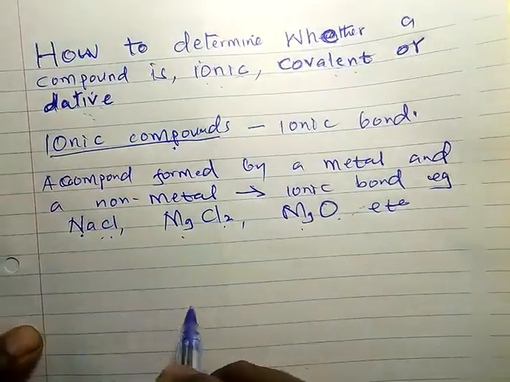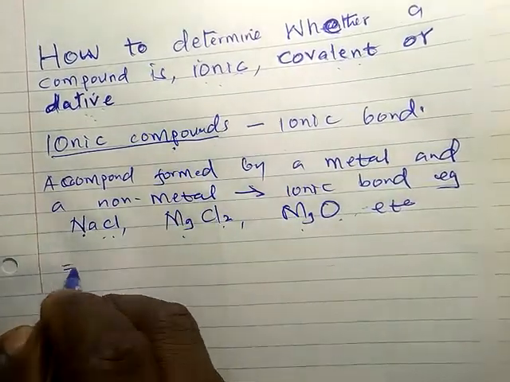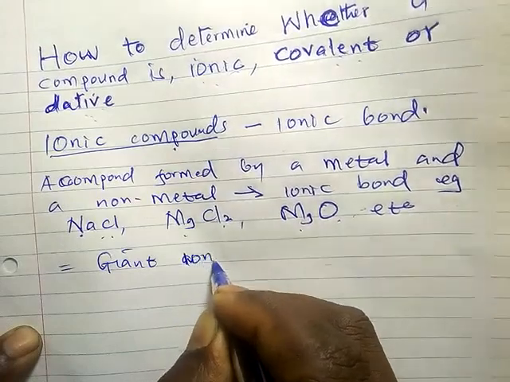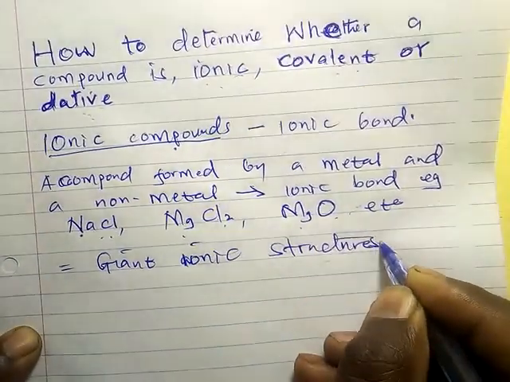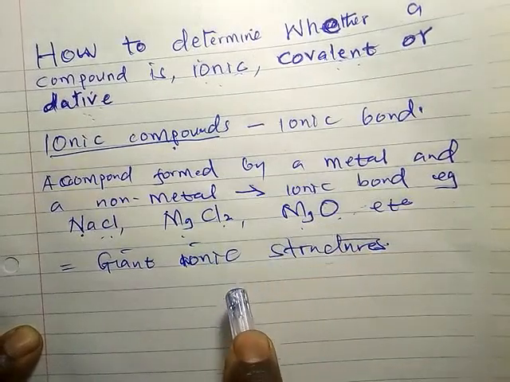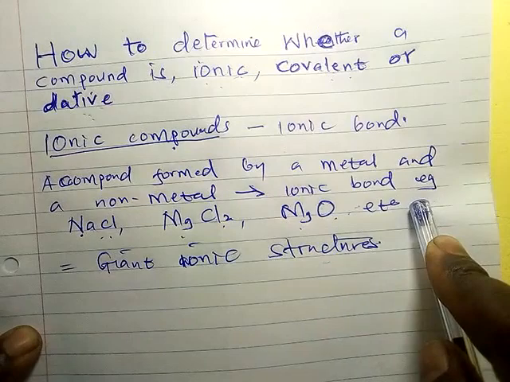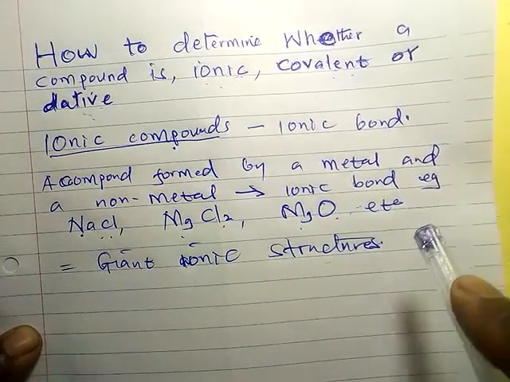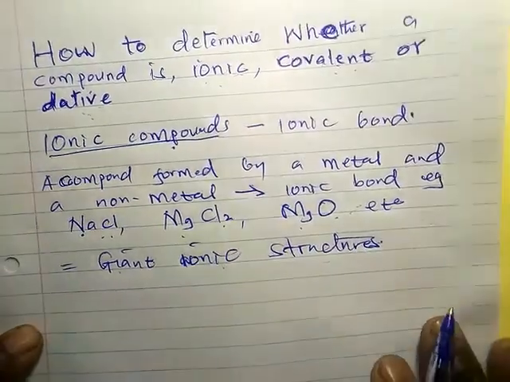The structures formed by ionic compounds are called giant ionic structures. Very important to know. If you have identified that this compound contains ionic bonding, you should know the structure they form. The structures are called giant ionic structure.